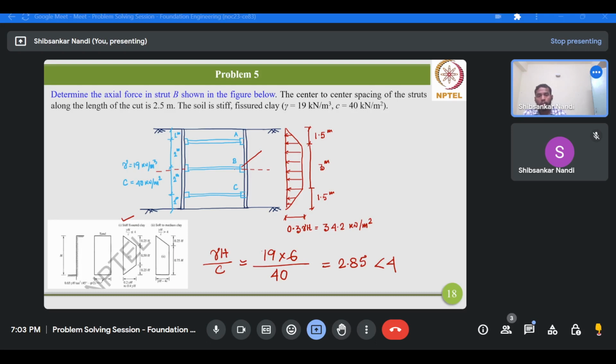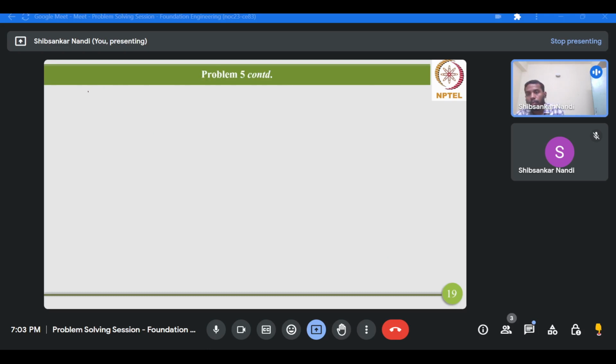Since the active earth pressure distribution is symmetric, you can consider either the lower half or the upper half, and considering these two halves individually, you will get a reaction force at the strut level B, and if you add these two reactions, you will get the total or final axial force in strut B. Okay, so for this problem we'll consider the upper half, that is starting from the ground level.